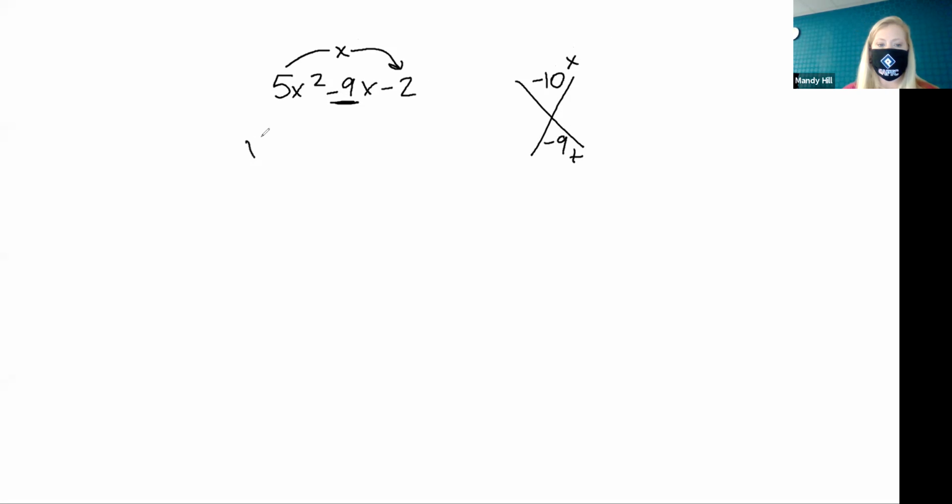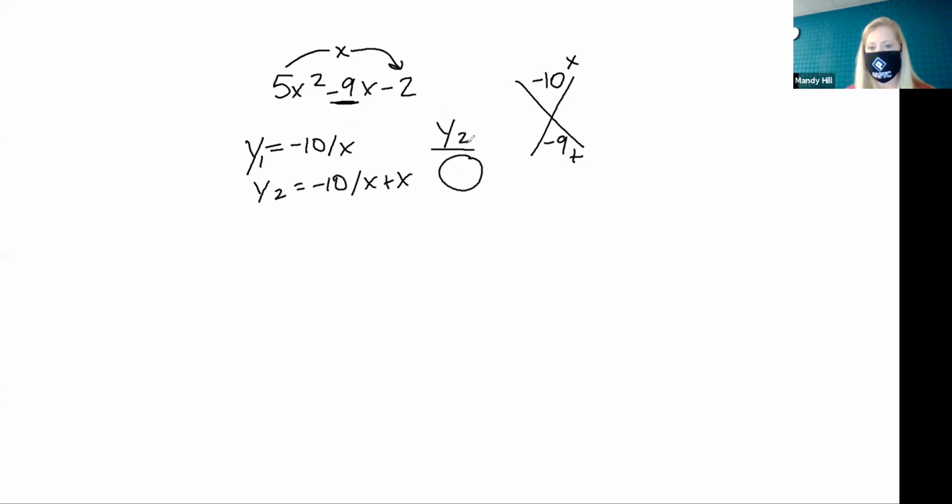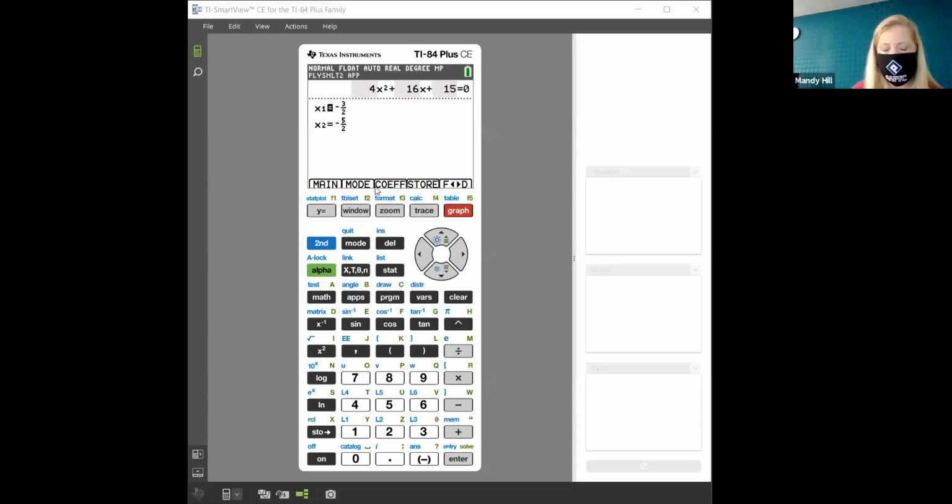In the calculator, I would go Y1 equals -10 divided by x. Y2 is equal to -10 divided by x plus x. And I'm looking in my table for where Y2 is -9. So I'm going to go to Y equals.